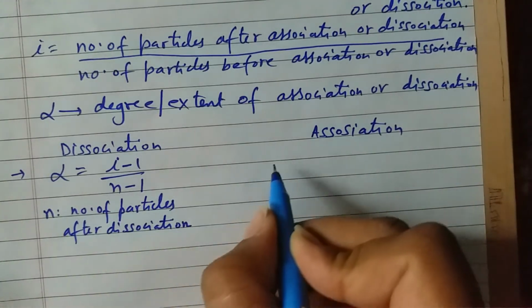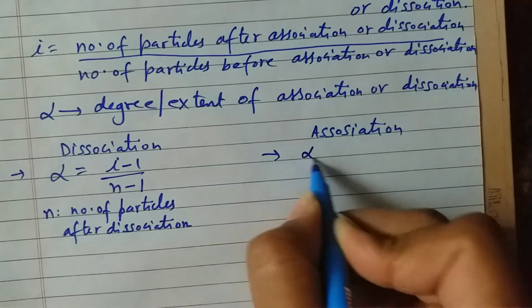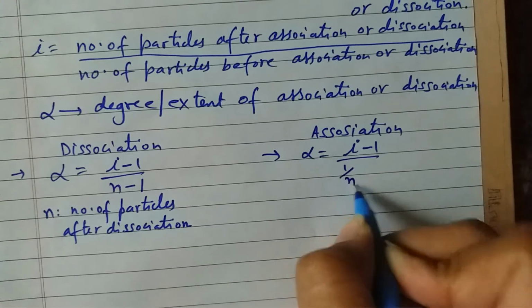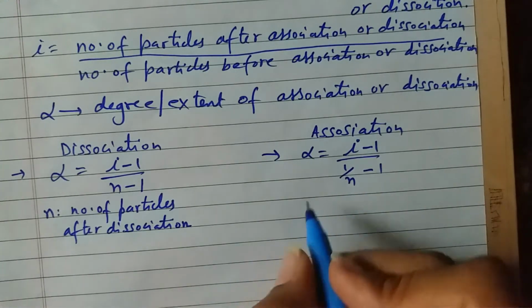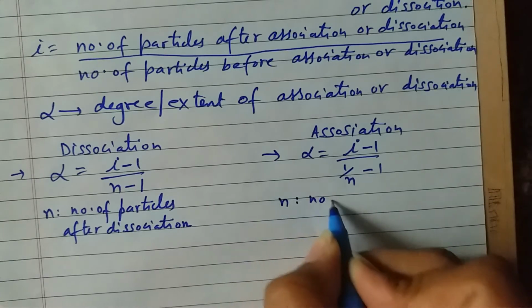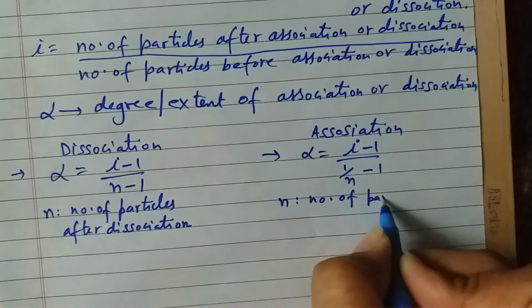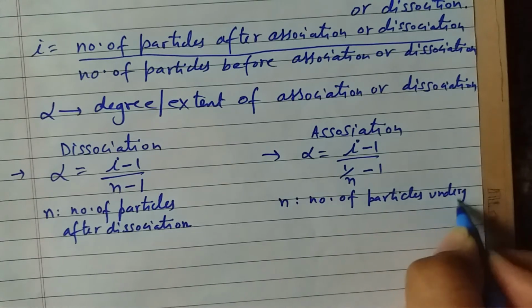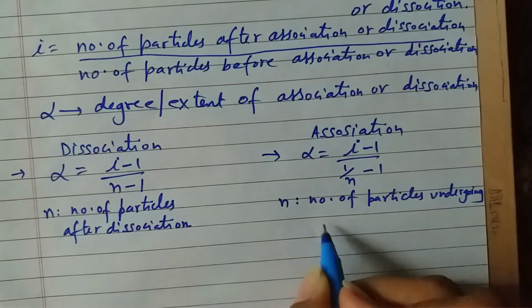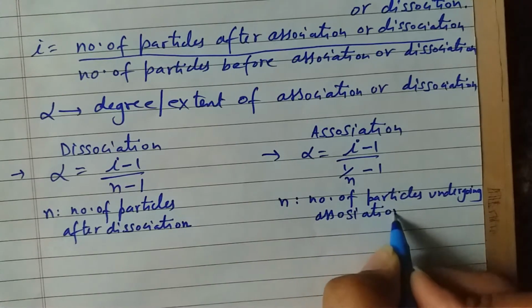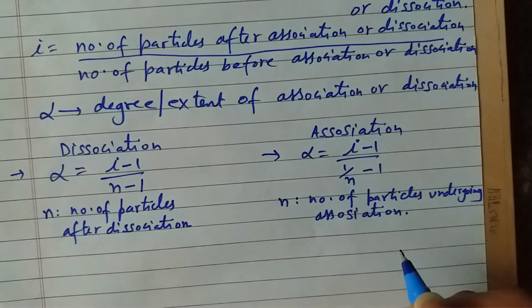On the other hand, if it is the case of association, then alpha is equal to i minus 1 divided by 1 upon n minus 1. And what is n here? n in this case is the number of particles undergoing association.